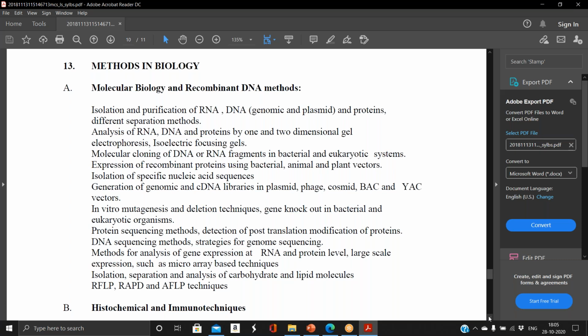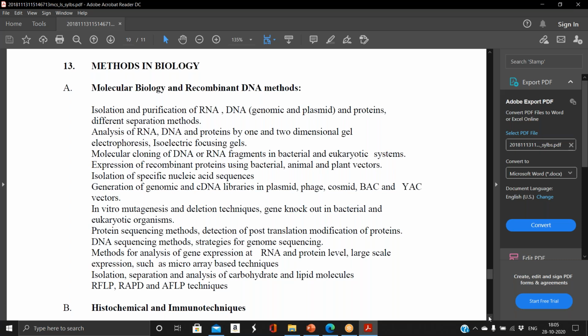So from this portion, you have a lot of things to study. Just go through the syllabus. Isolation and purification of DNA, RNA. In DNA, that comes in genomic and plasmid DNA. Then proteins, different separation methods, analysis of RNA, DNA, and proteins by 1 and 2 dimensional gel electrophoresis, isoelectric focusing gel.